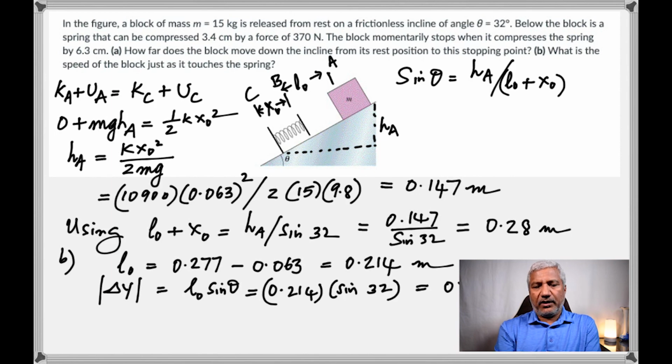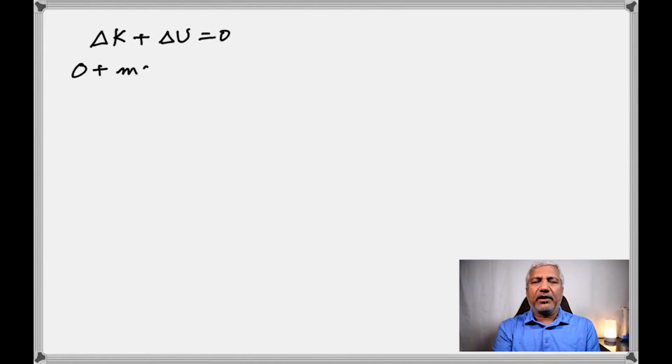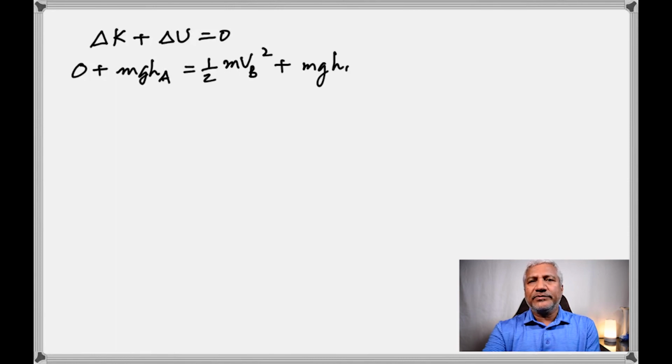Now we have to find the speed of the block just as it touches the spring. That's where we use the conservation of mechanical energy. You know that the total change in mechanical energy is 0. There is no change in mechanical energy. Initial kinetic energy is 0 at the height at position A. So we have 0 plus mgHA, which is the potential energy at that location.